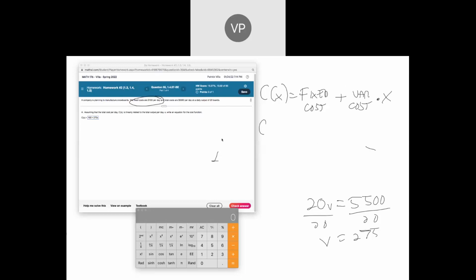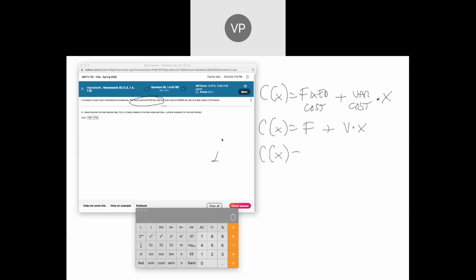So it doesn't matter what you call it. Let's just say I call that F and I call that V times x. That's your general model. Okay, so what they told us was, they gave us the fixed cost of $100. So I know that that's going to go in right here. What we don't know is the variable cost, so we're trying to figure that out.